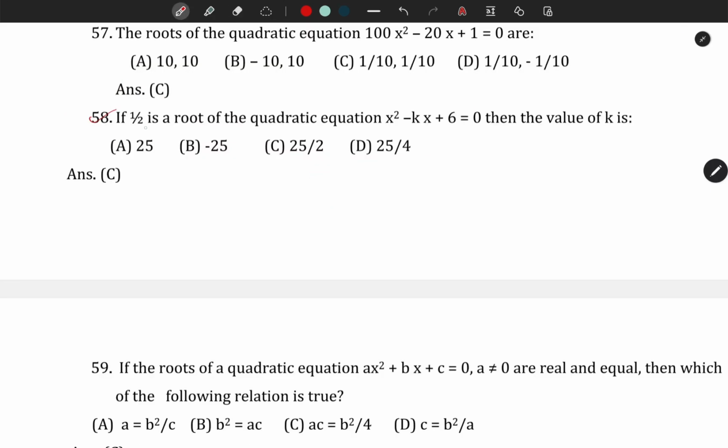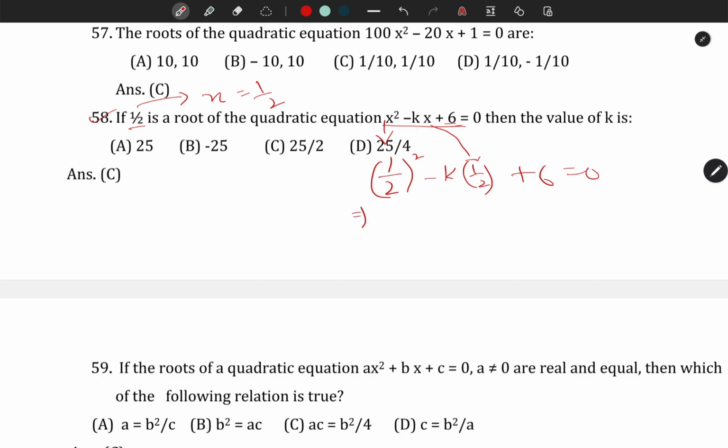58. If half is the root of this equation, that means in place of x we can write 1 by 2. So we'll have 1 by 2 whole square, minus k into 1 by 2, in place of this x also we'll put 1 by 2, then plus 6 equals 0.